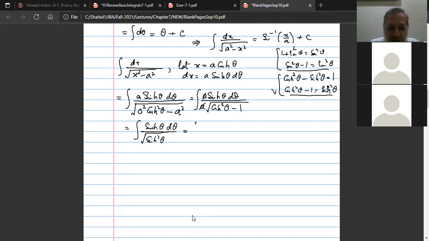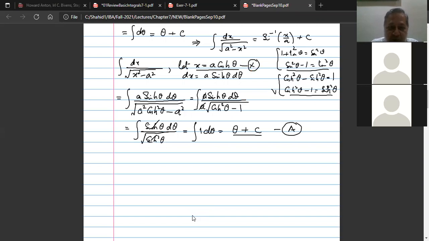And that means you are left with only 1, because this cancels d theta, and the integral is theta plus c. Now what is theta? We substituted this. Before I finally write down the result in terms of the original variable x, let me explore this.